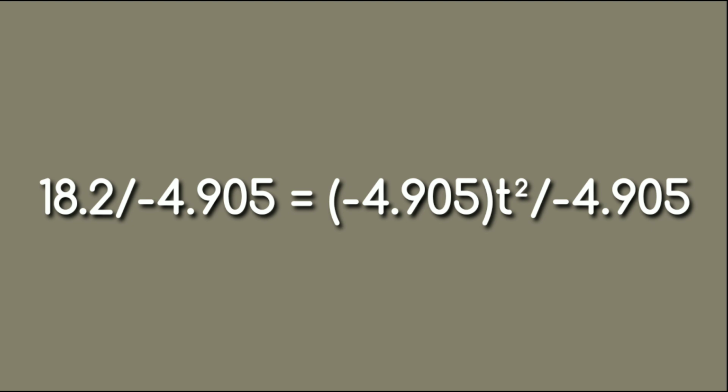Then calculate it using your scientific calculator and then you will get this: 18.2 over negative 4.905 is equal to negative 4.905 times time squared over negative 4.905.